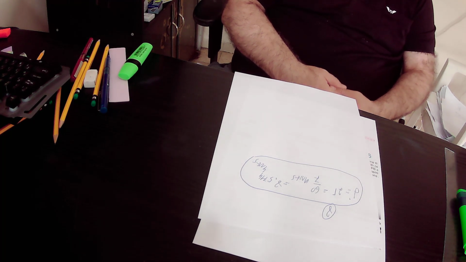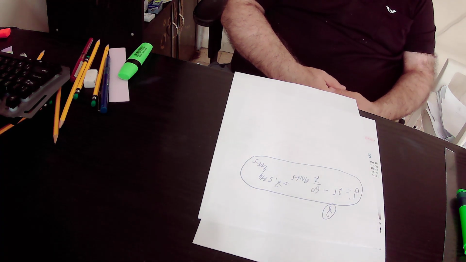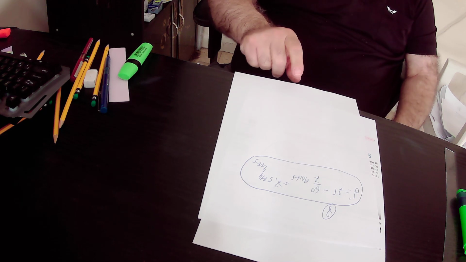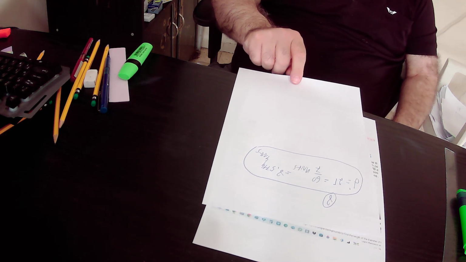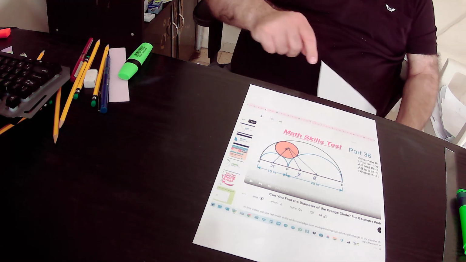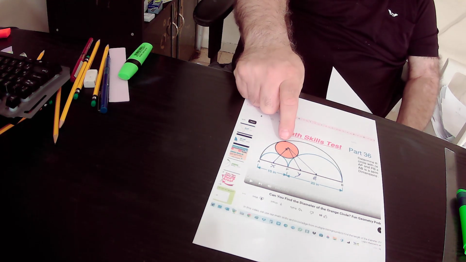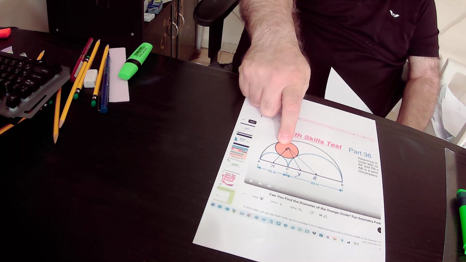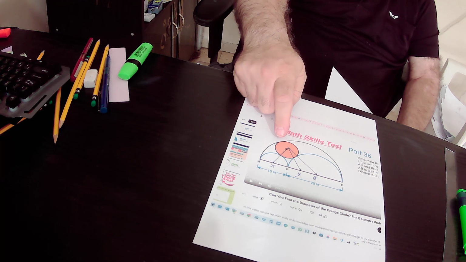So we found out that the diameter of the orange circle equals 60 over 7 units, or in terms of numbers, it equals 8.5714 units. Again, the diameter of this orange circle equals either 60 over 7 units, or in terms of numbers, it equals 8.5714 units.